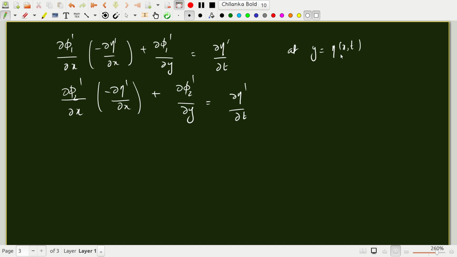This is all to be applied at the perturbed interfacial location. We'll come to this in a moment.